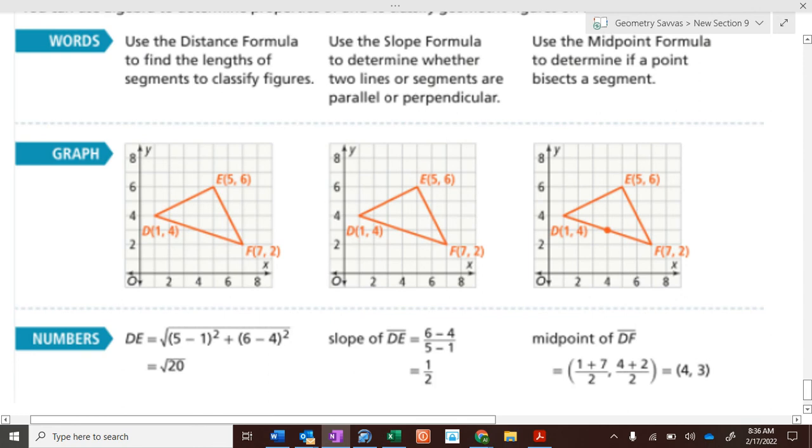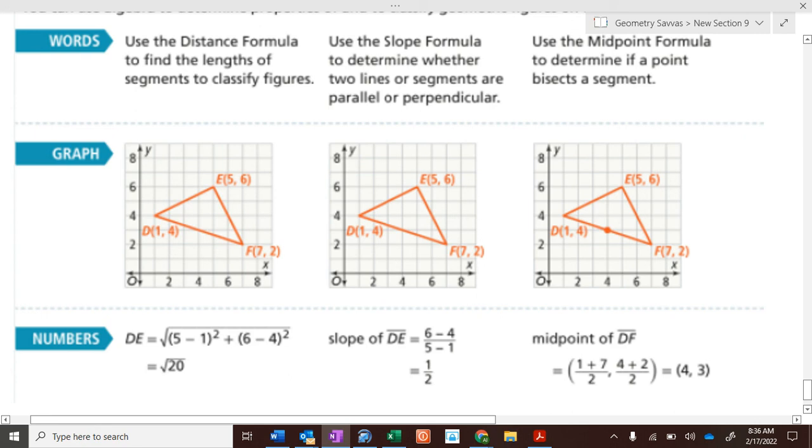So what we're doing is we use the distance formula, or for me, I like the Pythagorean theorem better. Okay, how far do you go over and down? Basically the distance formula finds lengths of sides to classify figures, like is it scalene, equilateral, or isosceles. Use the slope formula to figure out whether sides are perpendicular, to figure out if it's a right triangle or not.